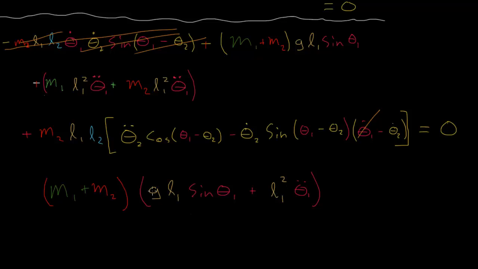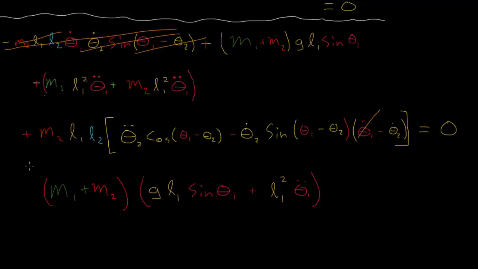And here we have g, which is, you could say it's in meters per second squared, or it's in length divided by time squared. And then when we multiply that by L, this is length, so we get length squared divided by time squared. So these are the same units, so that's promising. And the sine of an angle is unitless, just like the angle itself is considered unitless. So this is a short, sweet version of all of these things together.